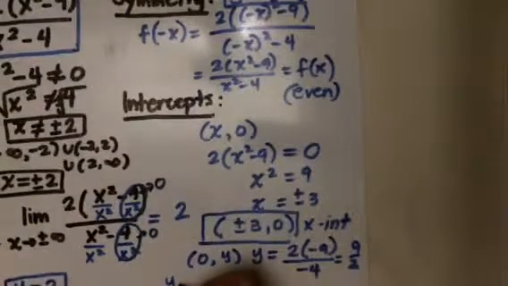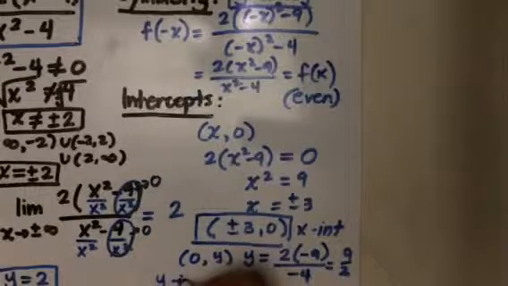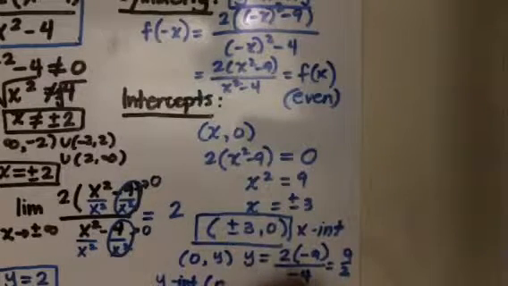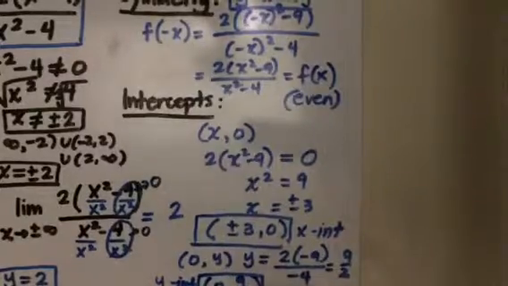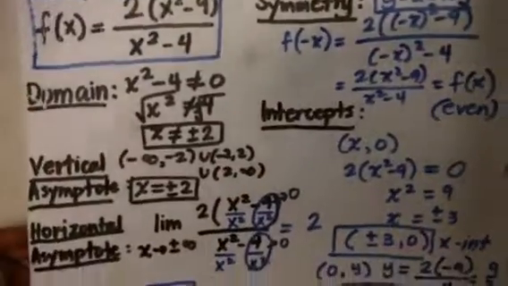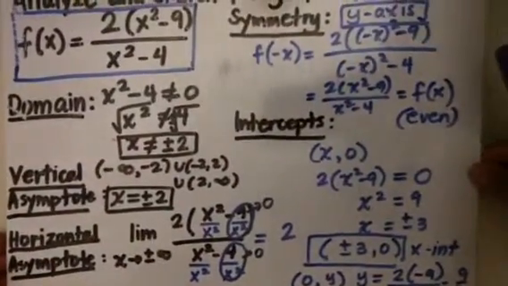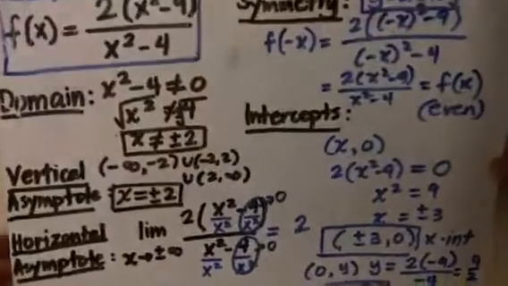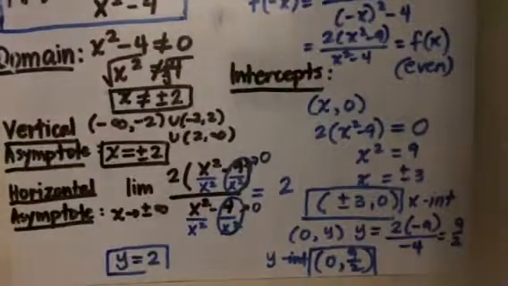And so the y-intercept would be 0, 9/2. Notice that I boxed all the important parts of the graph because we are going to use all of them later.